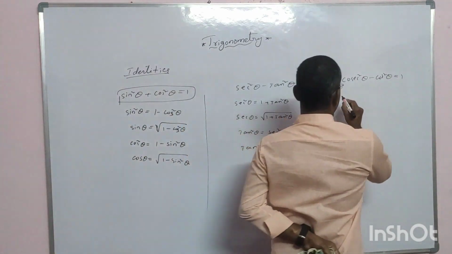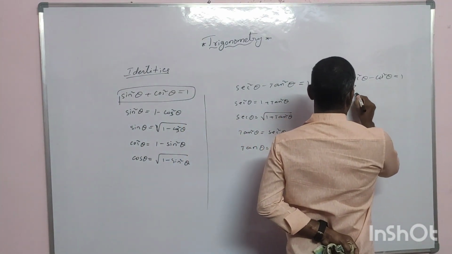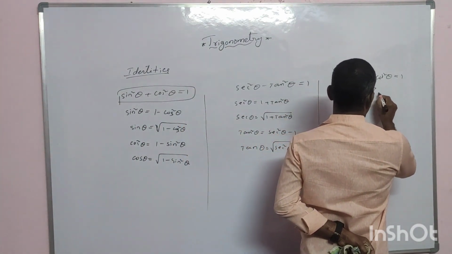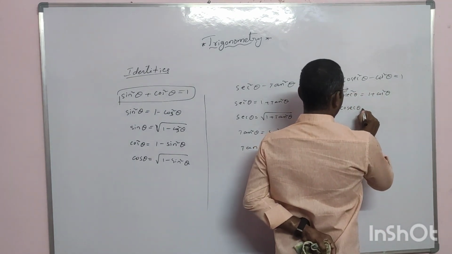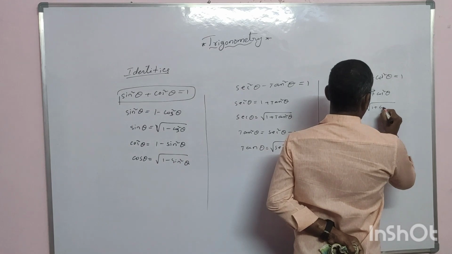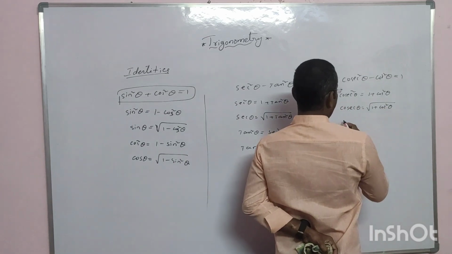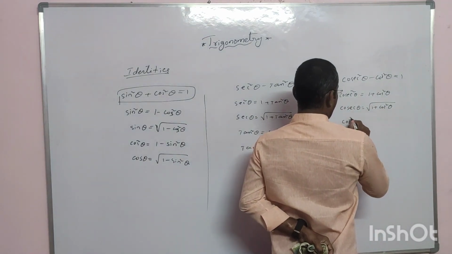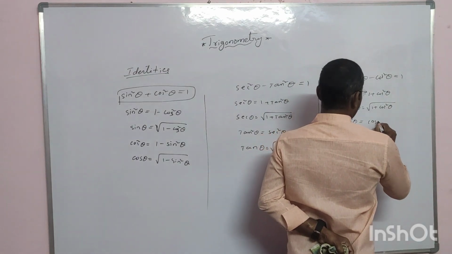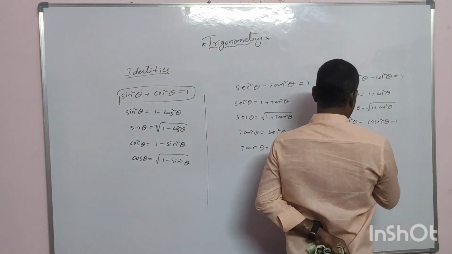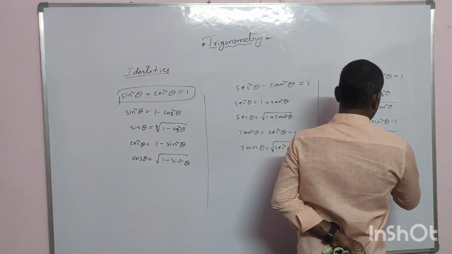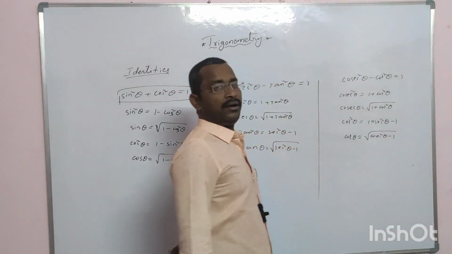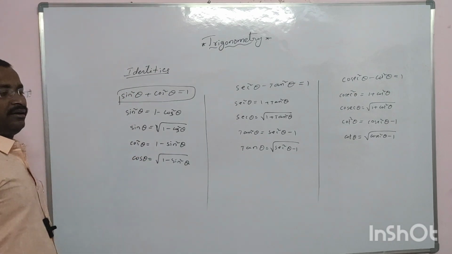And here, cosec square theta is equal to 1 plus cot square theta. Cosec theta is equal to square root of 1 plus cot square theta. Cot square theta is equal to cosec square theta minus 1. Cot theta is equal to cosec square theta minus 1, under root. So these are the auxiliary identities.